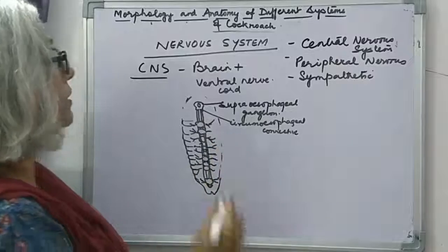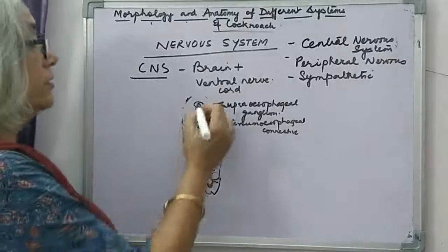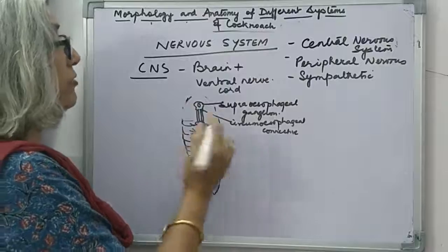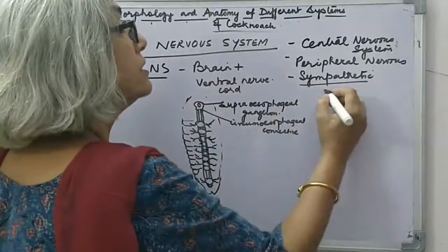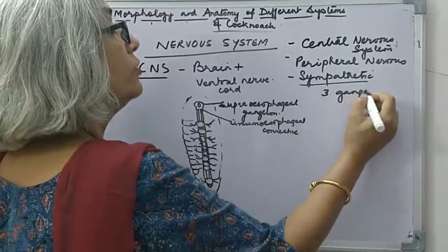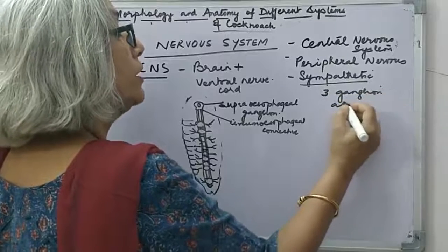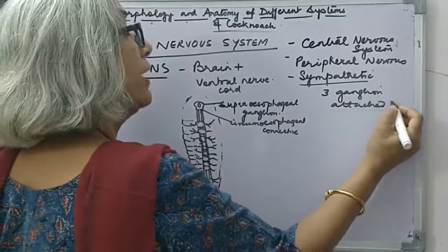So this is the central nervous system, ventral cord, peripheral nervous system, and the sympathetic nervous system is also made up of 3 ganglion which are attached to the brain in the head region.